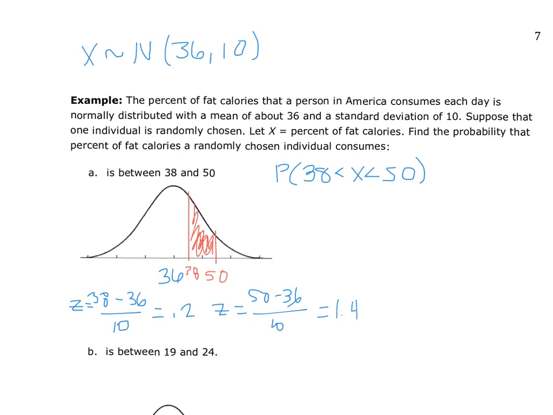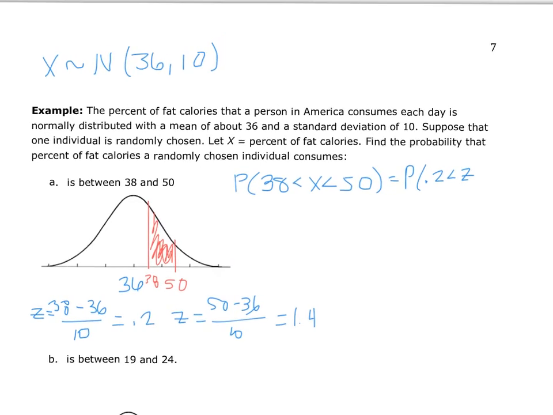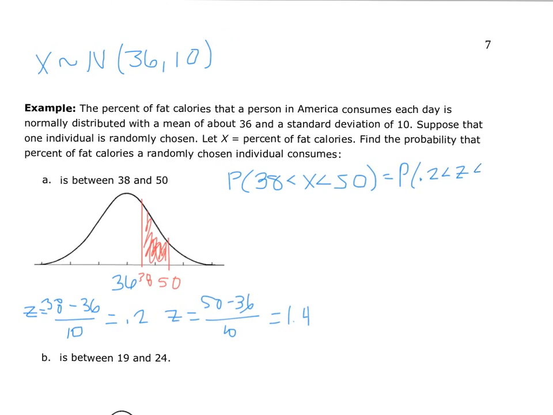So this probability we can write as the probability that z is between 0.2 and 1.4. Okay, that's not an option given to us in the online tool.